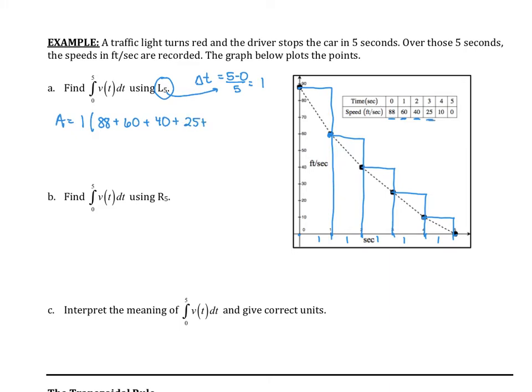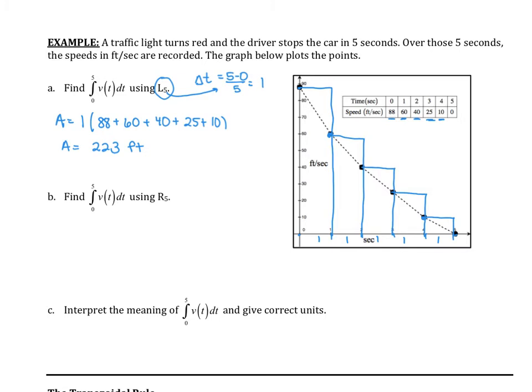And then the last height of this rectangle, the fifth rectangle, is 10. Notice I'm not using that last rectangle. It's not part of the left grouping of rectangles, at least for 0 to 5. And so I would get that this area is 223, and that unit would be feet. The area under that curve would be feet.